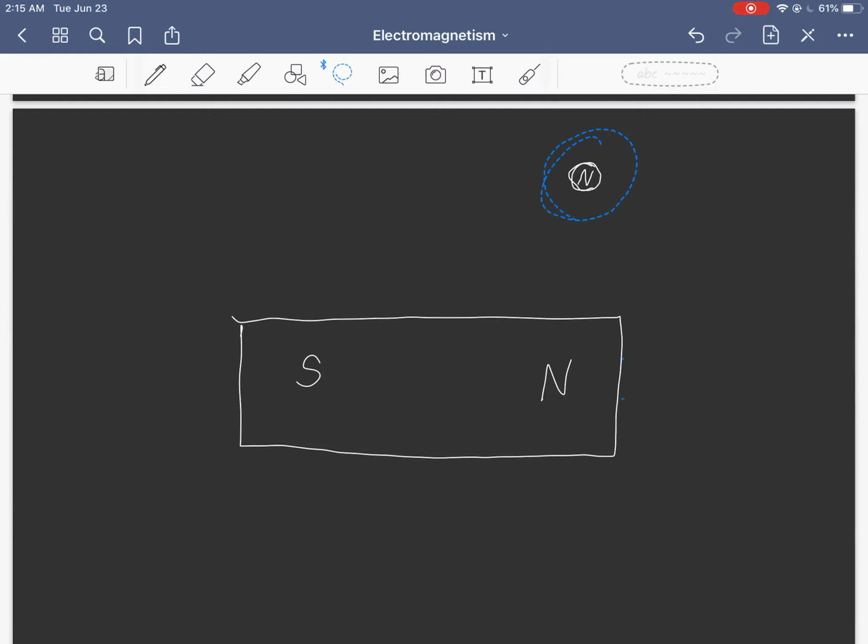Pretend I have some sort of object that is a North Pole only object. Now, in reality, magnets always have a North and a South Pole, but pretend you had an object that was only a North Pole. What's going to happen? Well, the North Pole of the bar magnet is going to push that North Pole object away from it, and the South Pole is going to pull the object towards it.